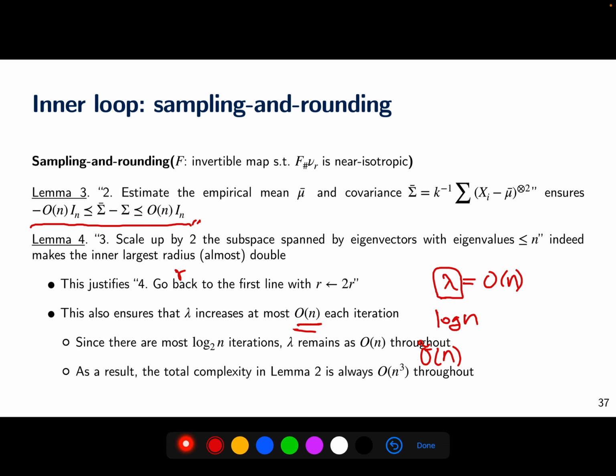So in lemma 2, we said the sampling step takes n squared times lambda many queries for each loop, and because lambda remains O of n throughout, we have n cubed queries in total. This justifies the n cubed complexity of the inner loop sampling and rounding.